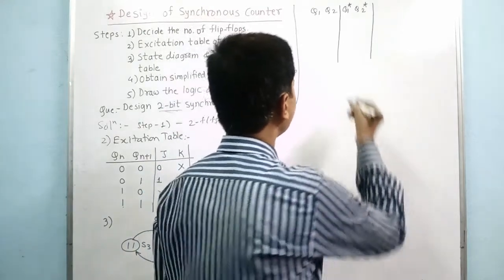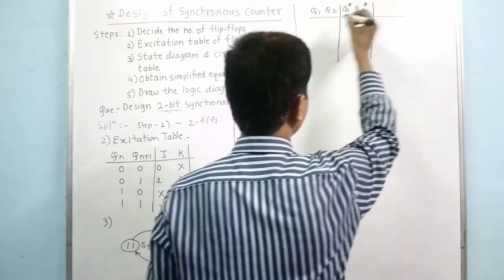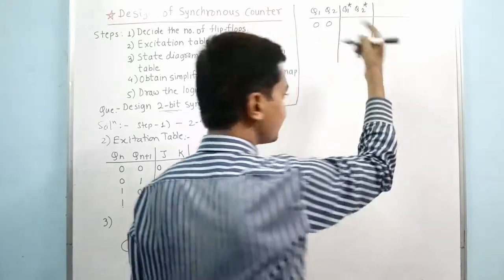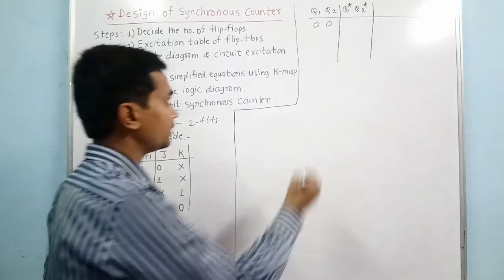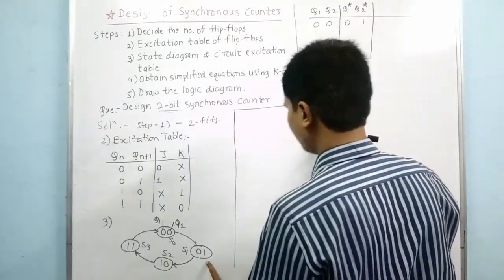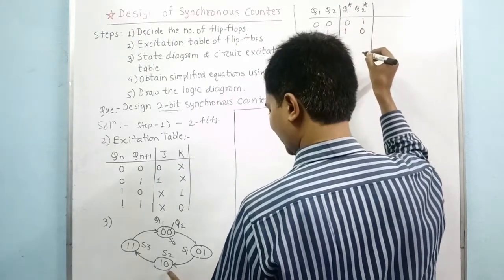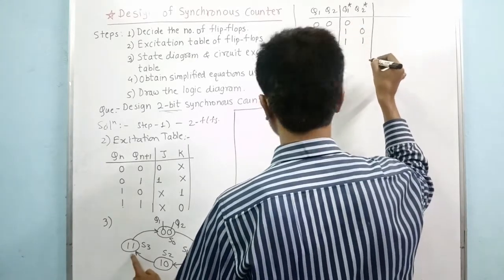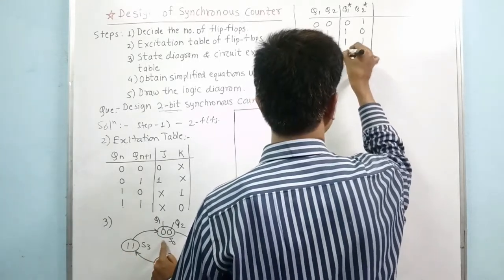Now if Q1 and Q2 present states are 0 0, then what should be the next state? As per this state diagram, the next state should be 0 1. Okay, if present state is 0 1, then next state should be 1 0. If present state is 1 0, then next state should be 1 1. If present state is 1 1, then next state should be again 0 0.